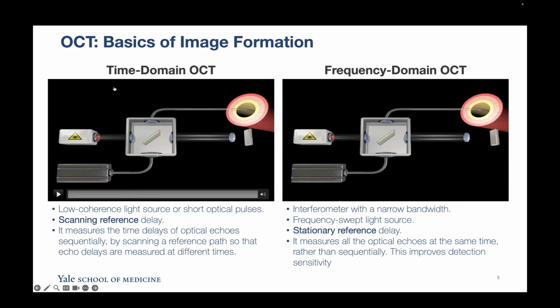So a little more about the basics of how OCT is done. As opposed to IVUS, light cannot be measured in real time. The speed of light is so fast that we don't have any electronic device that can quantify how fast light goes in and out of the tissue. So basically, OCT systems work with what we call an interferometer, which is this device here.